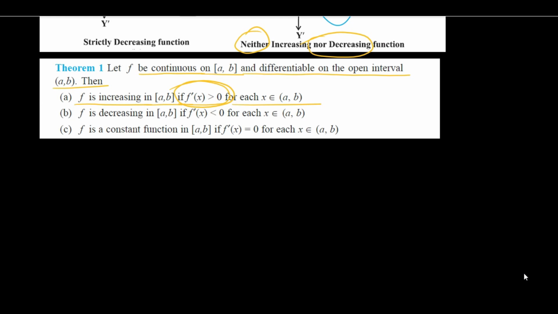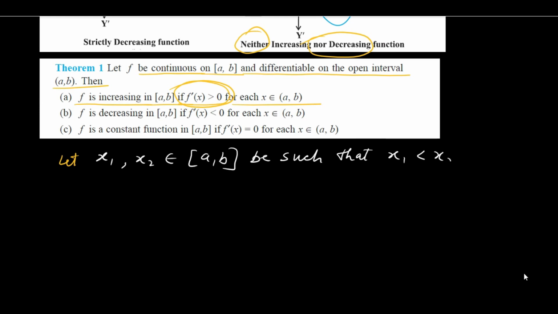Now let x1 and x2 belong to [a,b] be such that x1 is less than x2.